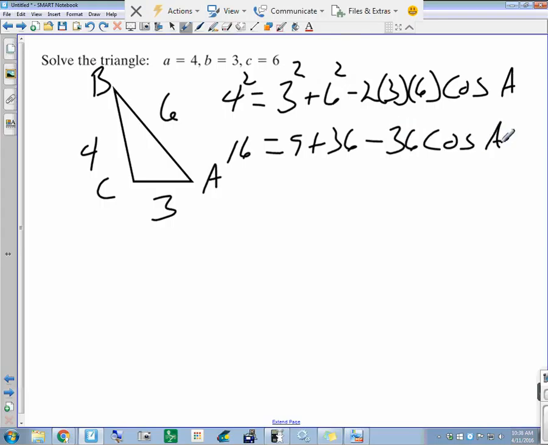Cosine A. I tell you, one of the biggest problems that students have with this is they'll take 9 plus 36 minus 36. They do the addition on there. They forget about the order of operations. That is a big, bad no-no. Okay? 45.